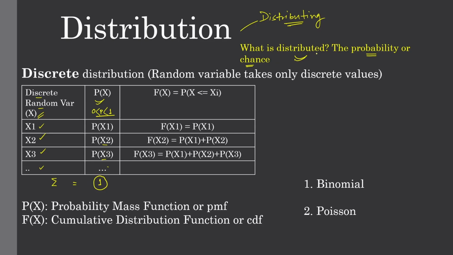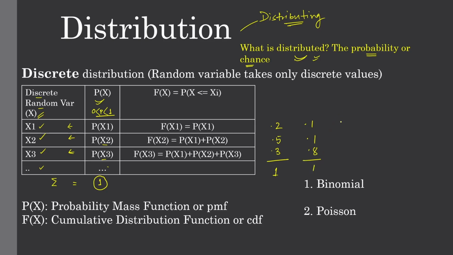So what is distribution? Distribution means you are distributing this 1 in some way between these random variable values. So for example, 0.2, 0.5, 0.3. This is one distribution. 0, 0.1, 0.9.